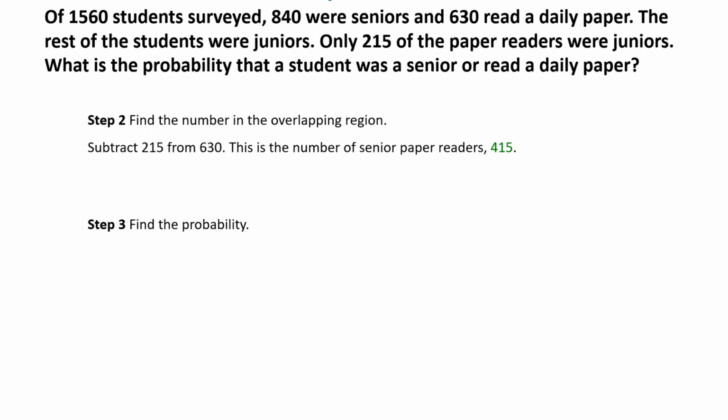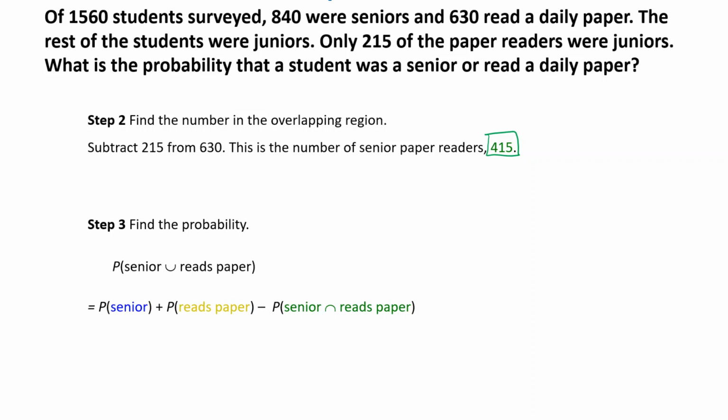We figured out the number of senior paper readers, and that was 415. Okay, so now we can find the probability. The first thing we're going to do is take a look at the seniors. We know that there were 840 seniors out of 1,560. For our paper readers, we know that we had 630 out of 1,560.